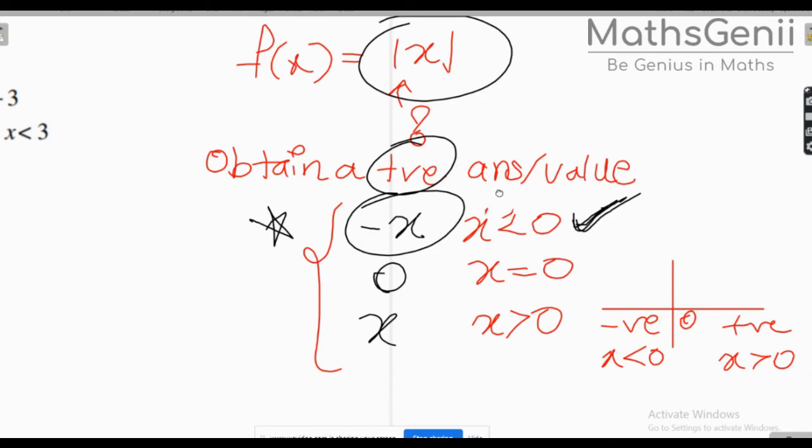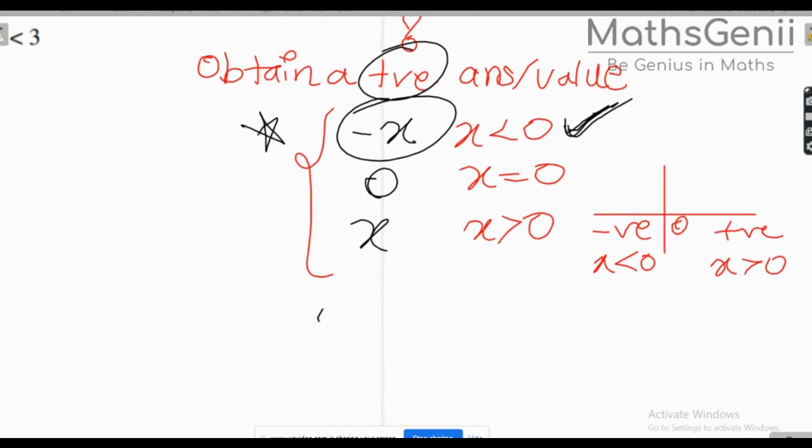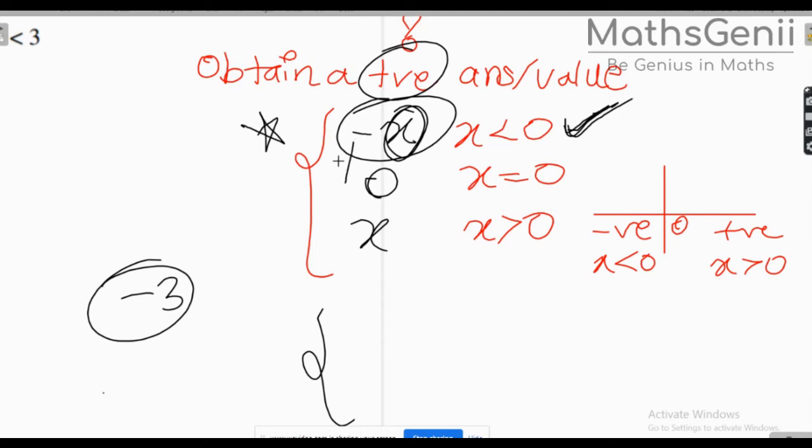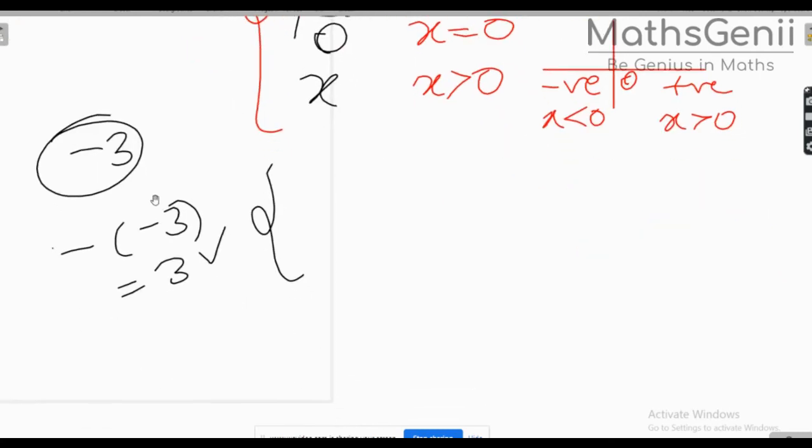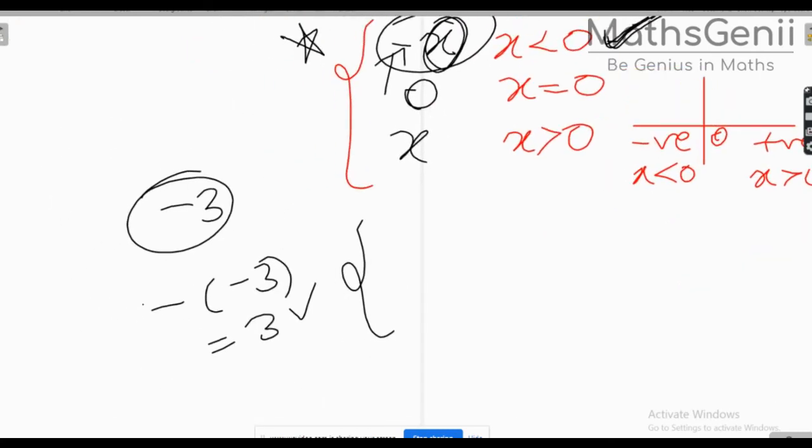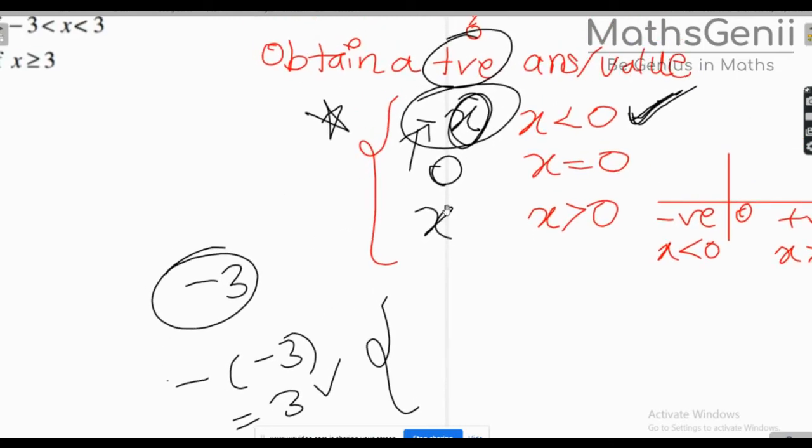Now if I have a number here as minus 3, and if you put minus 3 in place of x, it is going to be this minus, and then minus 3, it's going to become plus. Hooray! That was my aim. My aim was to bring a positive value. And how did I bring a positive value? By adding a negative term.